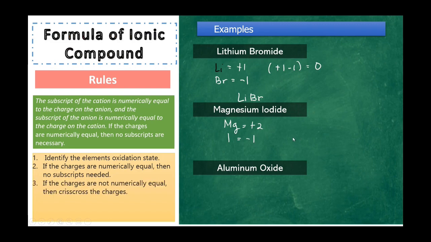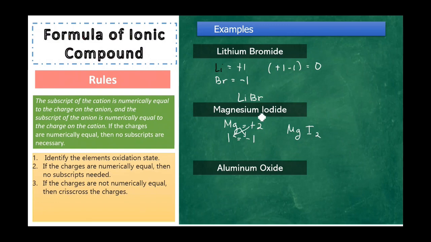With that, they are not equal. So when they are not equal, you have to crisscross, which is easy. Therefore, the subscript of magnesium will be 1. You don't need to write it. And then for our iodine, we have 2. So this is magnesium iodide.